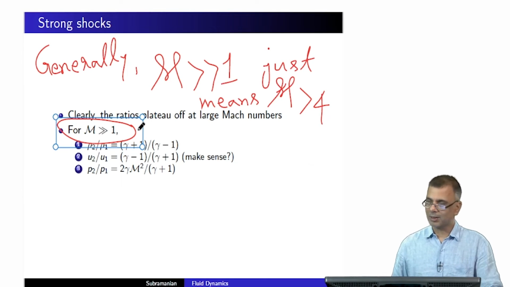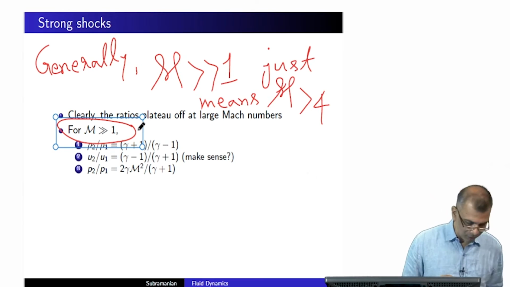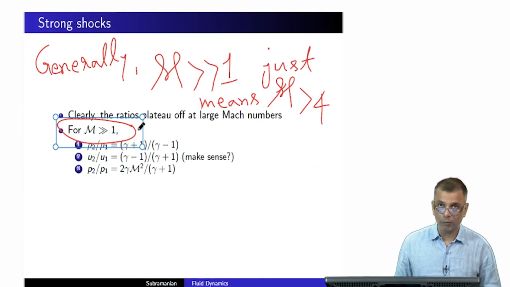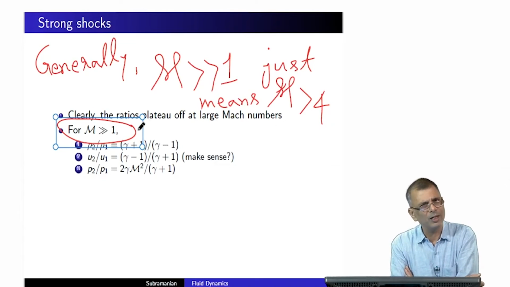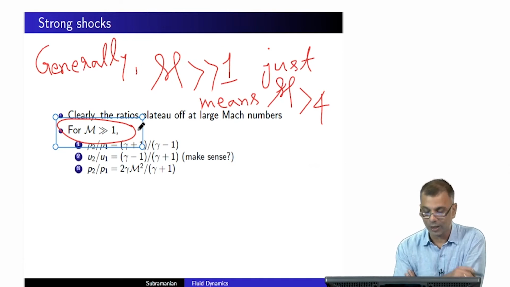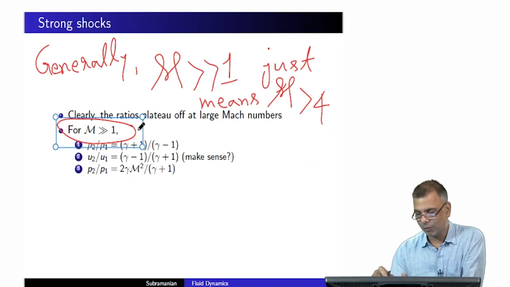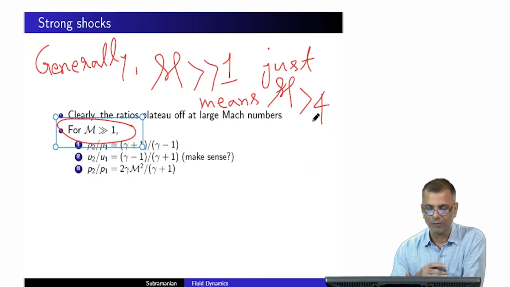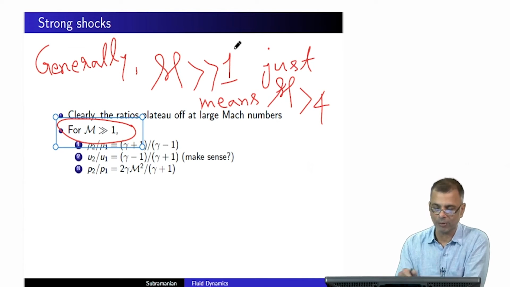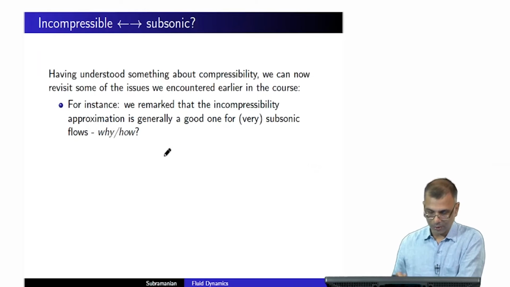I wanted to emphasize this because generally you would say, well, any quantity in physics, if you want it to be much larger than 1, it has to be larger than at least 10, something like 100 or 1000. In this particular case, that's not so. That's why I'm saying it. If you're above something like 4 or 5, you're already in this much larger than 1 regime. I just wanted to emphasize that, and you can see that from the plateauing of the density ratio and the velocity ratio.